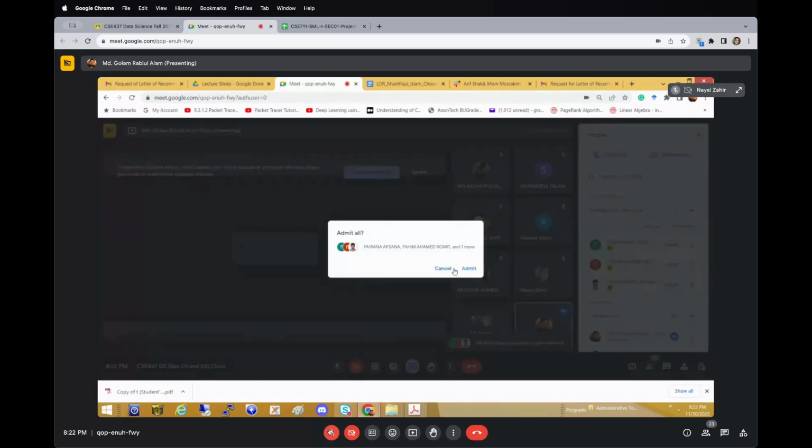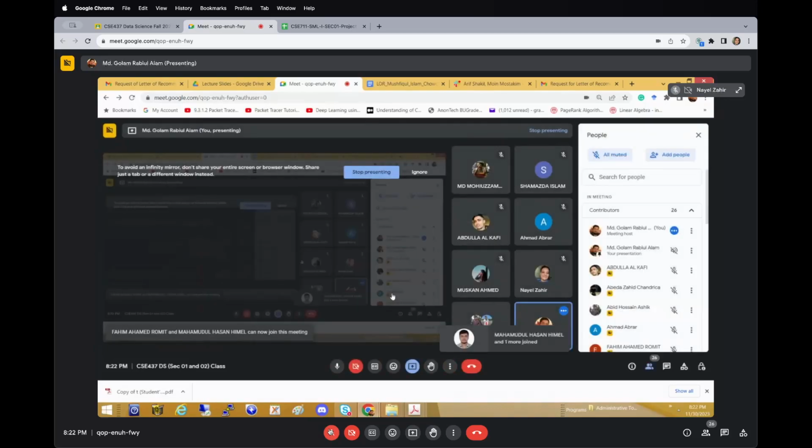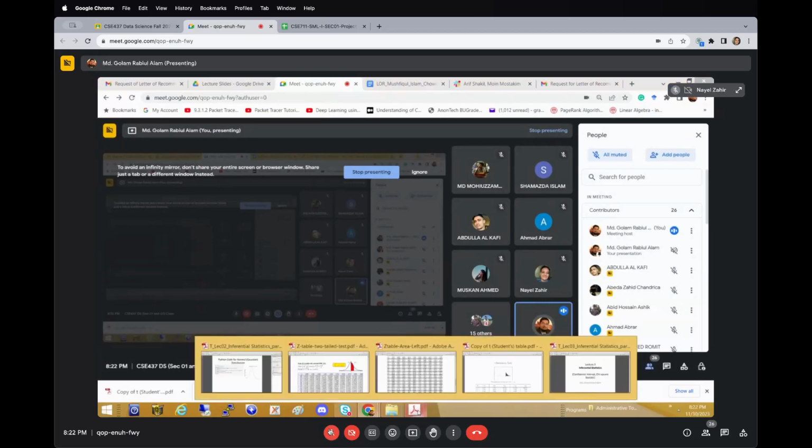We discussed what a hypothesis is, what the null hypothesis is and what the alternate hypothesis is, and from a small scenario, how we can find out the null hypothesis and also the alternate hypothesis. Those things we discussed in our last class.